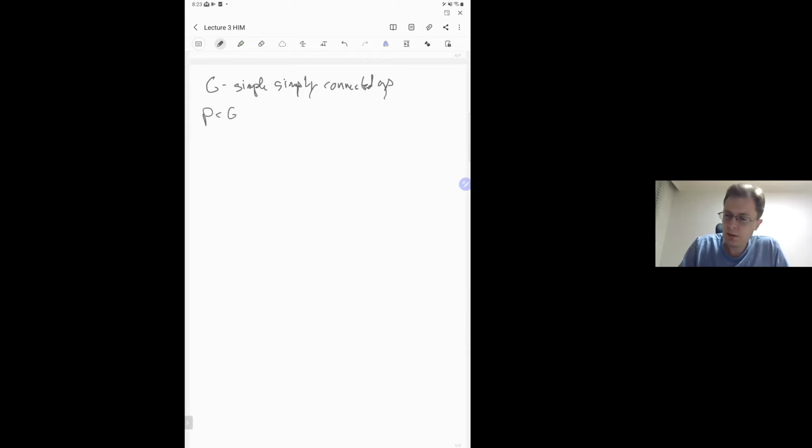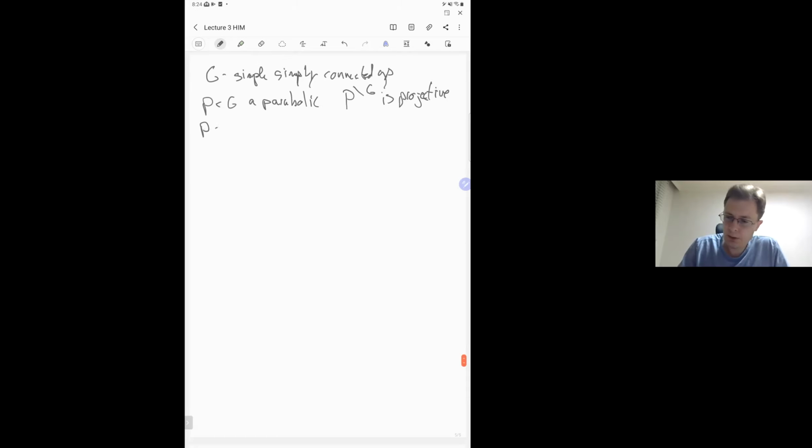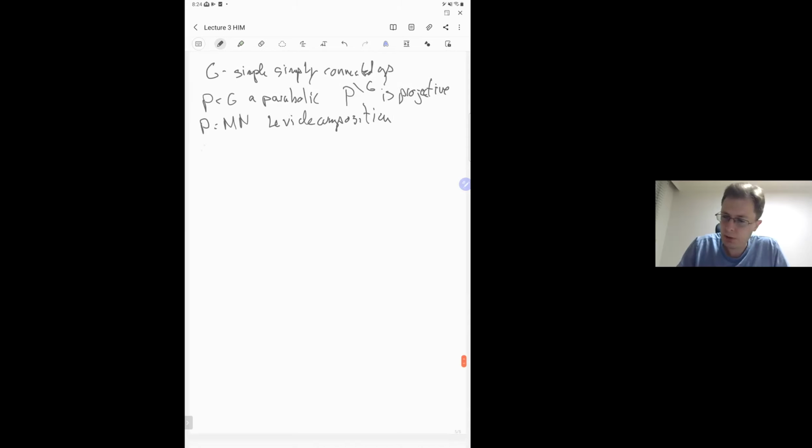P inside G, a parabolic, which is the same thing as saying that G mod P is projective. And P equals MN, the Levi decomposition. And if you're not familiar with these things, again, I'm going to say exactly what all these things are in all the classical cases in a moment, but it's useful to set up the notation.